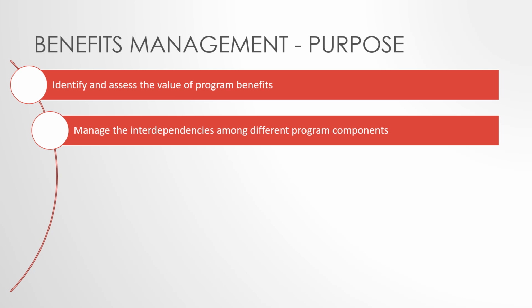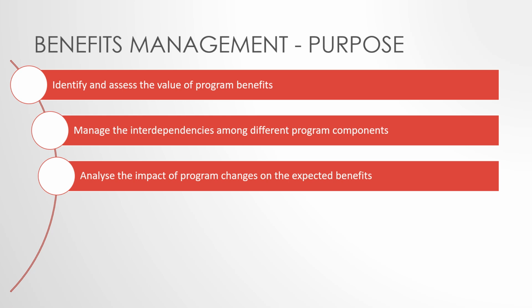Do you remember when we started this course and defined programs as a group of related projects, subsidiary programs, and program activities? It's natural that these components have interdependencies. The program stakeholders should spend all efforts ensuring that these interdependencies don't negatively impact each other.